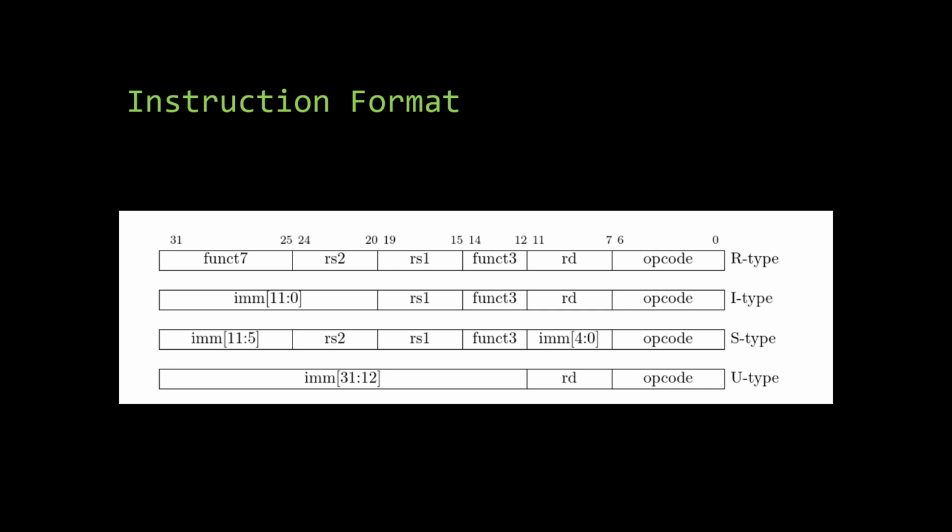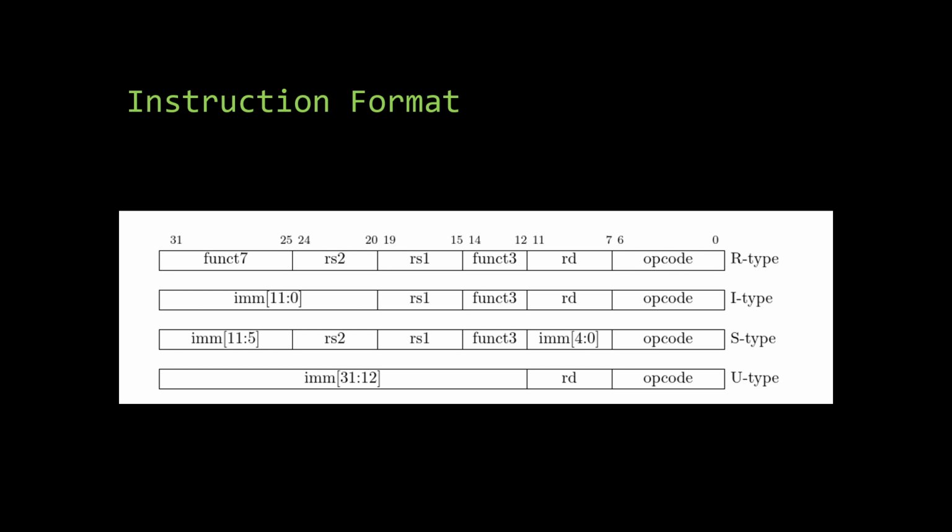The RD column is the return register, so this is where the result of an operation will be stored. The funct3 value is essentially an extension to the opcode, and it states what specific action for that opcode I want to operate.